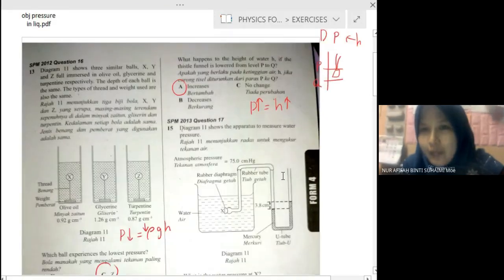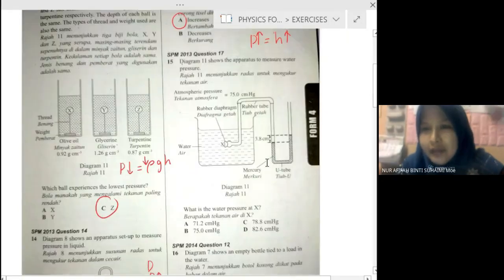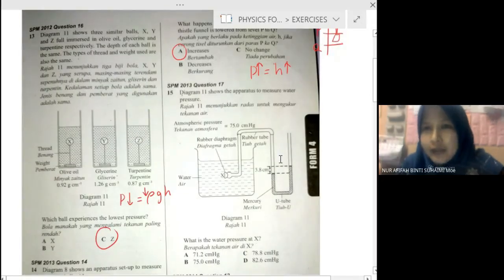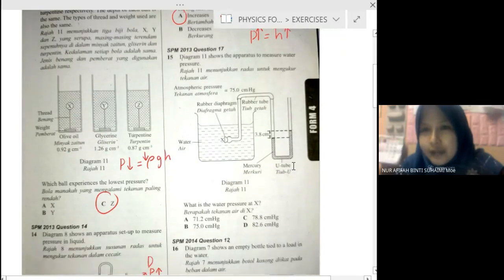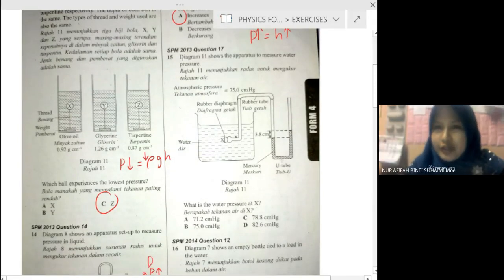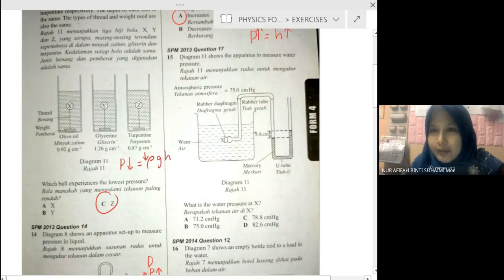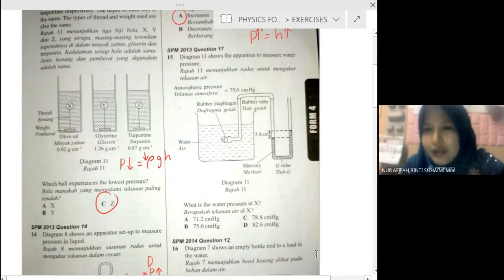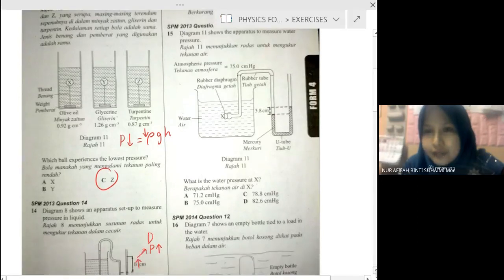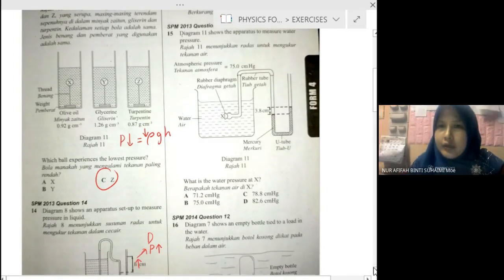Okay, number 15. Diagram 1 shows the apparatus to measure water pressure. Okay, we have the same apparatus, tissue funnel. What is the water pressure at X? You are given atmospheric pressure equal to 75 cm mercury.